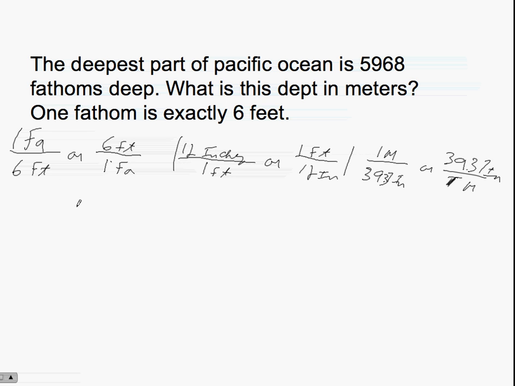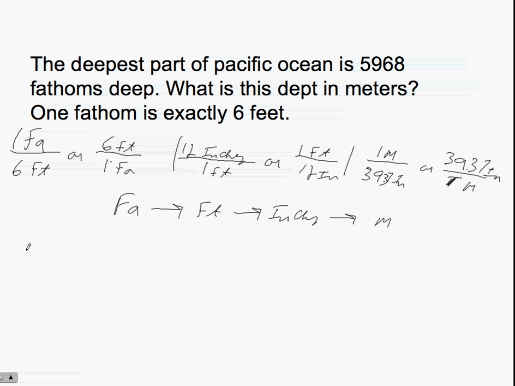So in this problem, the way that we want to attack it is we want to go from fathoms to feet to inches to meters.